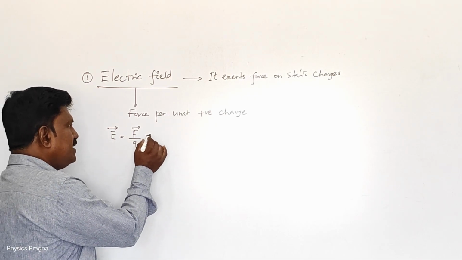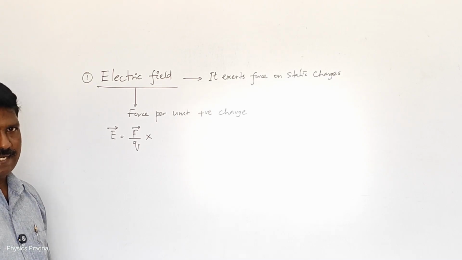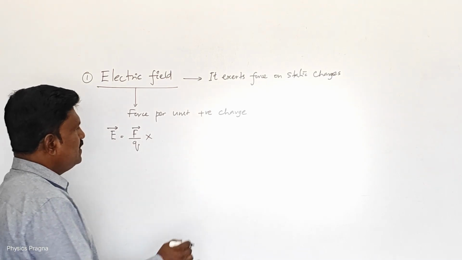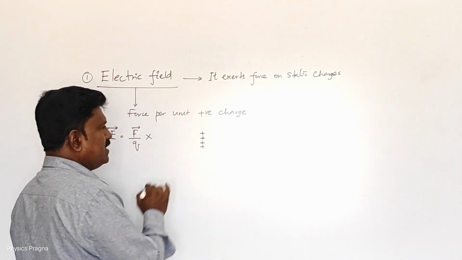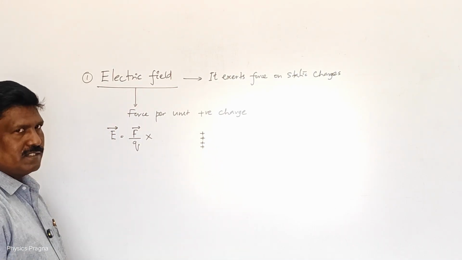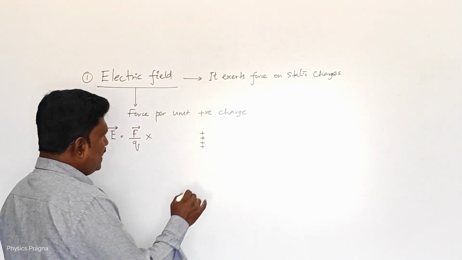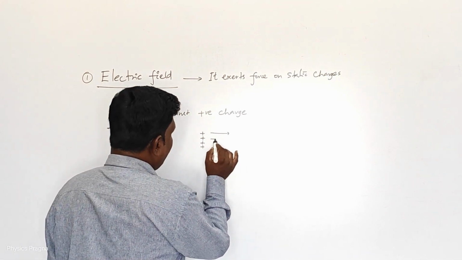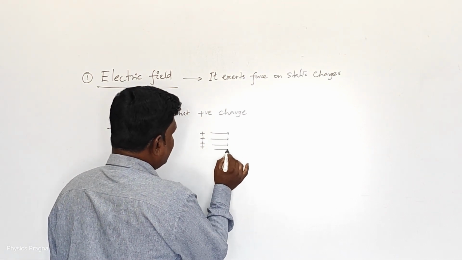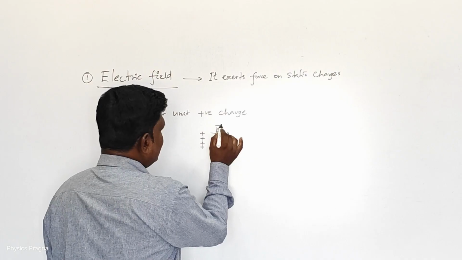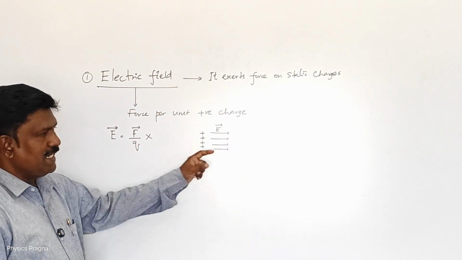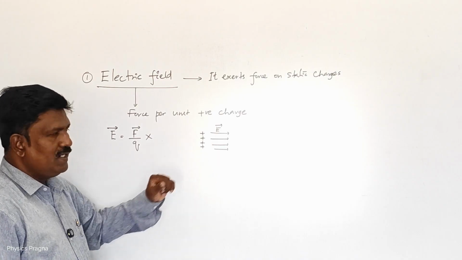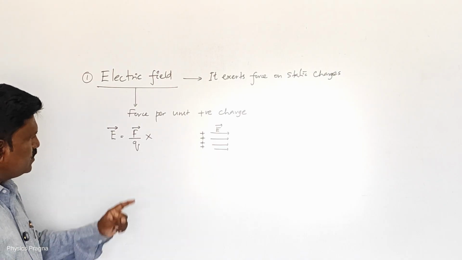But this formula is not 100% correct. Why? Because, see, let us take a source of charges. Whenever source of charges are there, electric field lines spread radially from this charge. This electric field we want to measure.